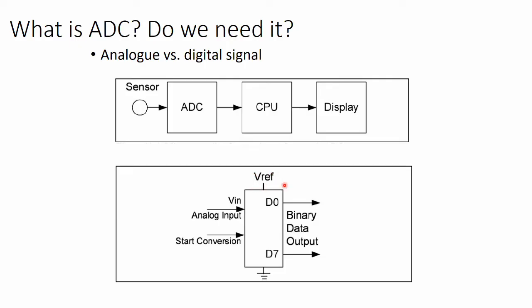For example, we provide the reference voltage as 5 volts. Analog input voltage is varying from 0 to 5 volts. The corresponding binary data will be available across D0 to D7, right? And this is the typical need of analog to digital converter, to provide the binary output data.